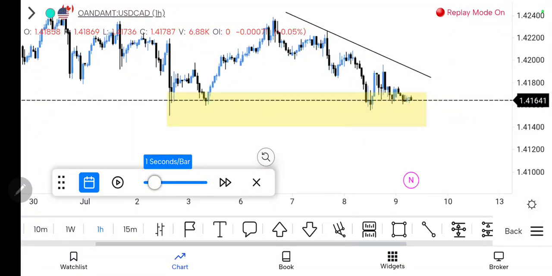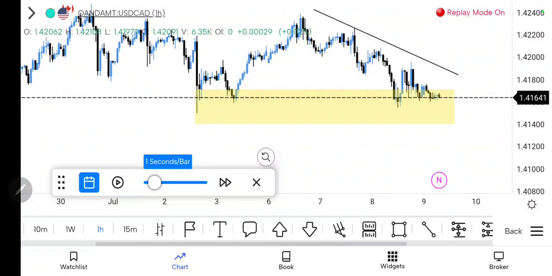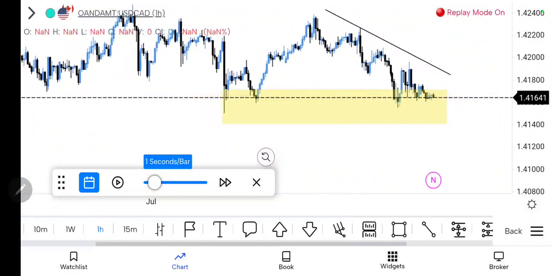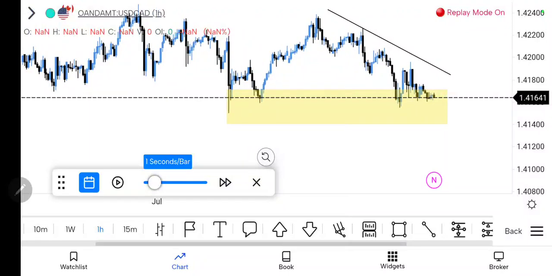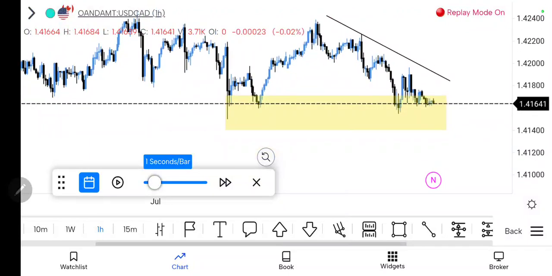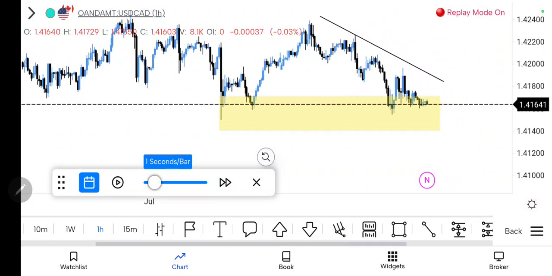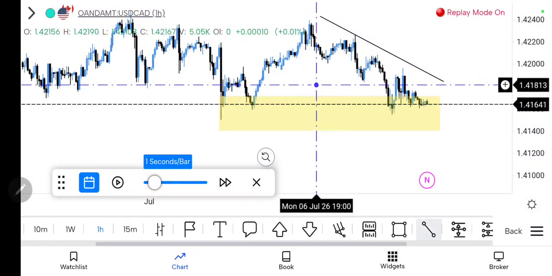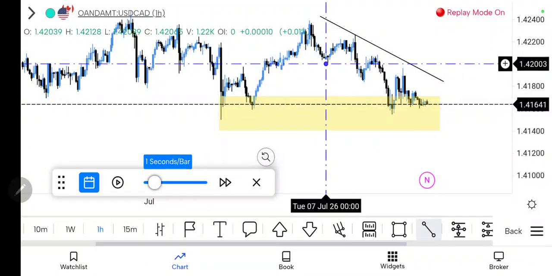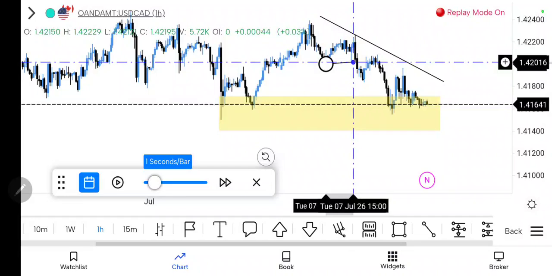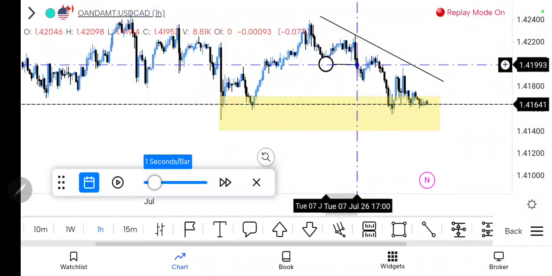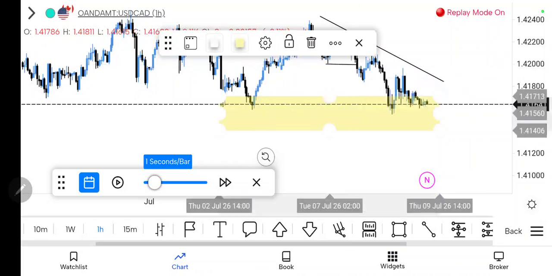But remember, we are in a ranging market, and in that ranging market we had this structure right here, whereby we had this break of structure. So we are in an uptrend on the 4 hour time frame, but we are in a small consolidation, but in an uptrend.